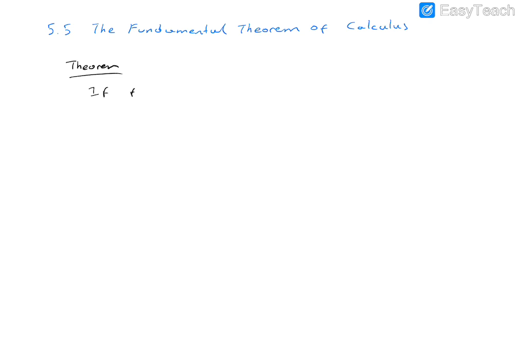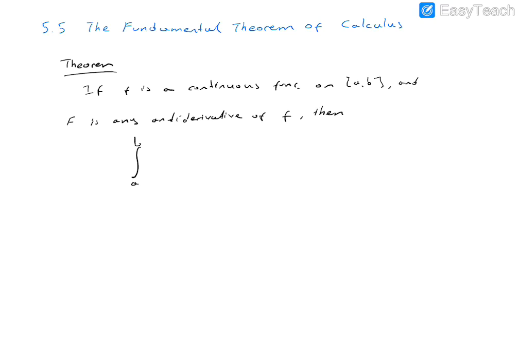If f is a continuous function on the closed interval [a, b] and capital F is any antiderivative, one of them is enough, it doesn't have to be a family, of small f, then the definite integral from a to b of f of x dx equals capital F of b minus F of a.